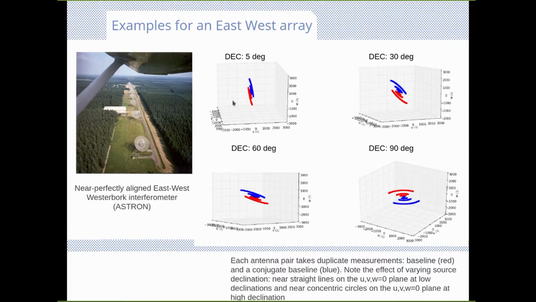However, those measurements don't lie in a single plane in this three-dimensional space anymore, and it breaks the direct Fourier relationship that we have between the sky and what we measure with the telescope, as we've already alluded to yesterday.